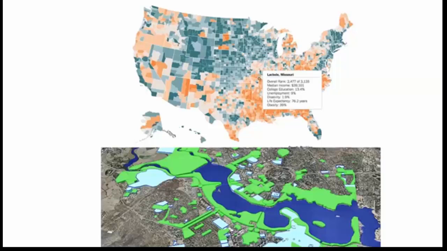The really cool thing about using geographic data is that you can interpret it in a lot of different ways. In the one on the top, you can't really see the scale here, but it goes from the deep orange to the deep teal color, and I'm pretty sure that indicates income by county.